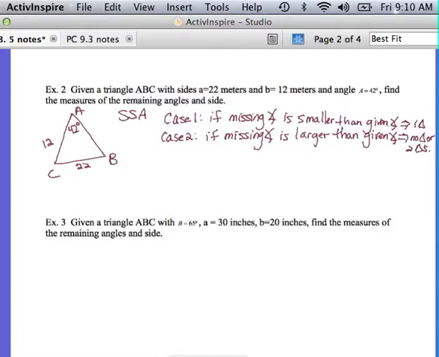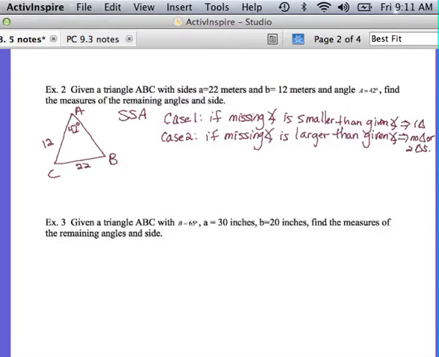The given angle in this problem is angle A. Which angle is the missing angle? Is it B or C? It's B because we have its opposite side. We can't say that C is the missing angle because we don't have enough information to determine. From geometry, you should remember that across from a larger angle is a larger side.